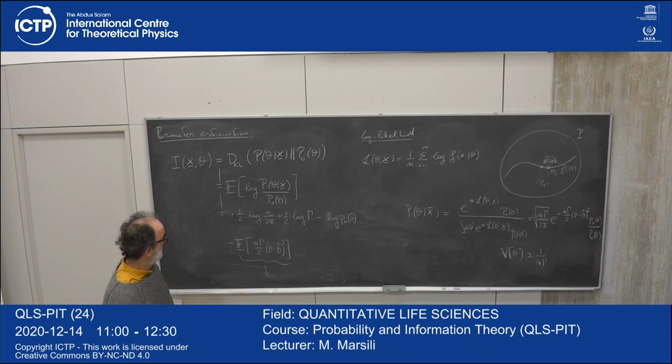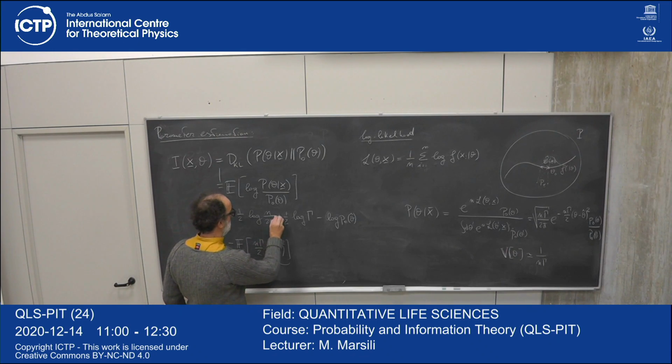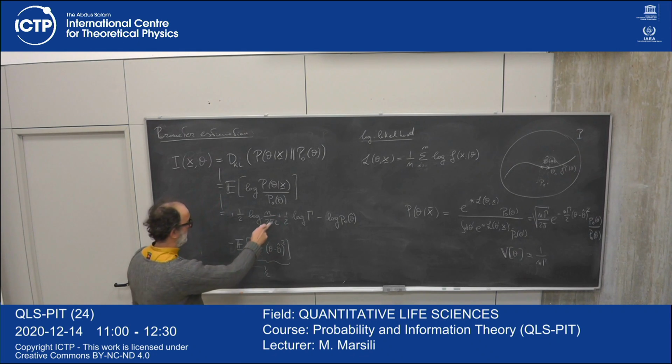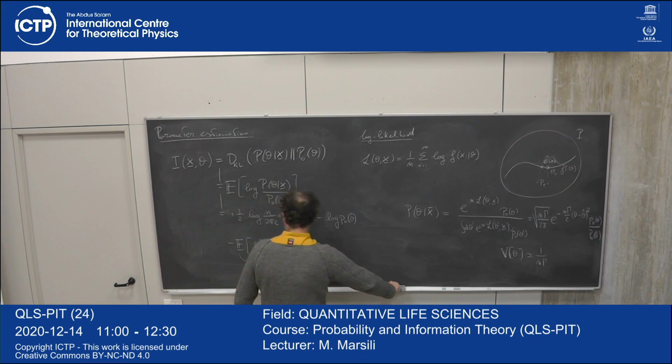Okay, and this allows me to put this 1/2 inside here by just adding an e here. 1/2 log of 1 over e should be equal to minus 1/2. I'm using that as a model.